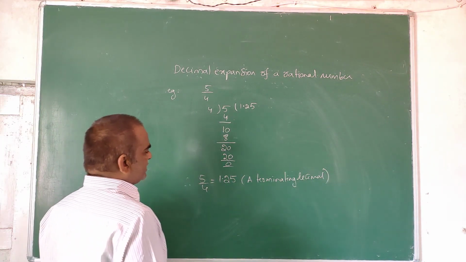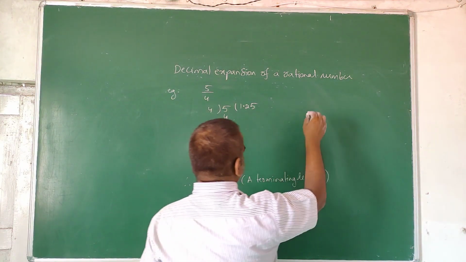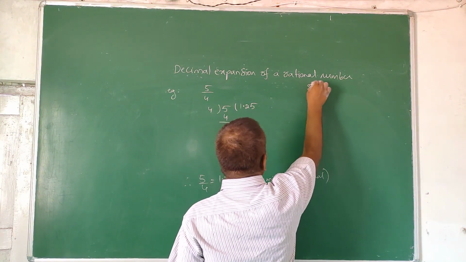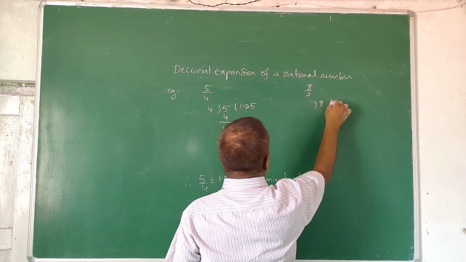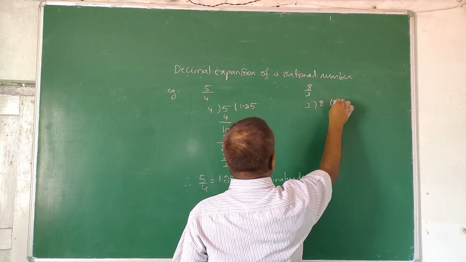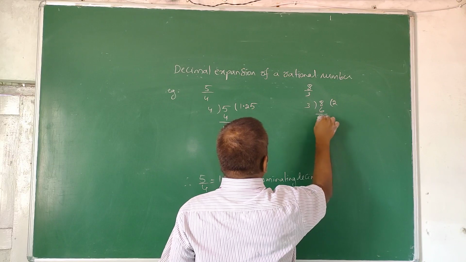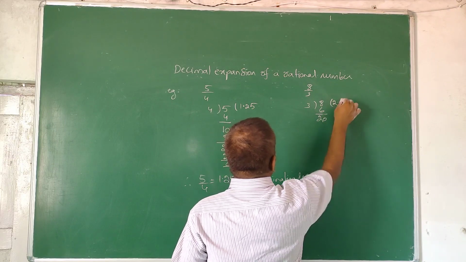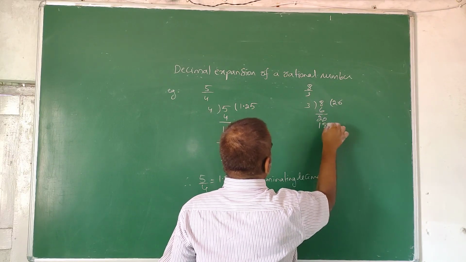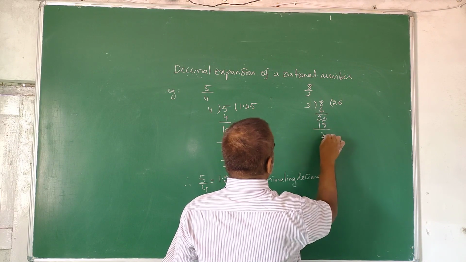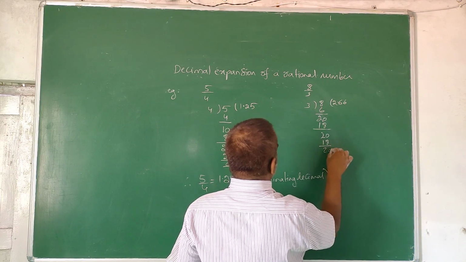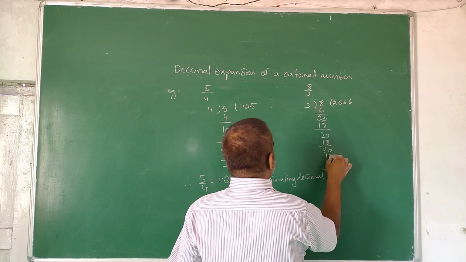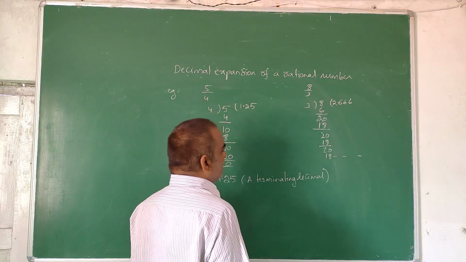Now let us go for another example. Say 8 by 3. So now let us divide 8 by 3. 3 twos are 6, then 18, 3 sixes are 18. So this division process will never end.